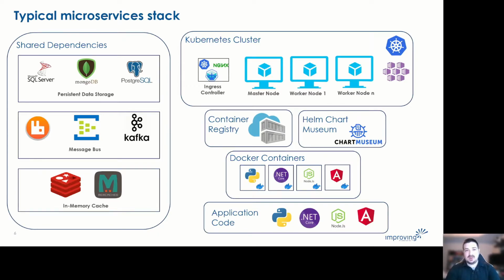In addition, if you're going to deploy to Kubernetes, you might have a Helm chart museum that is a set of Helm charts that apply configurations as well as defining what image to pull when you deploy that application. And then you'll deploy that to a Kubernetes cluster.